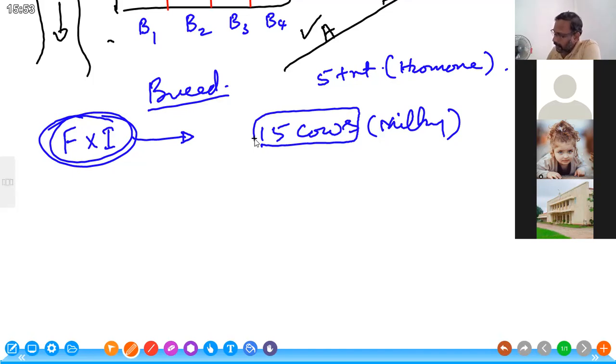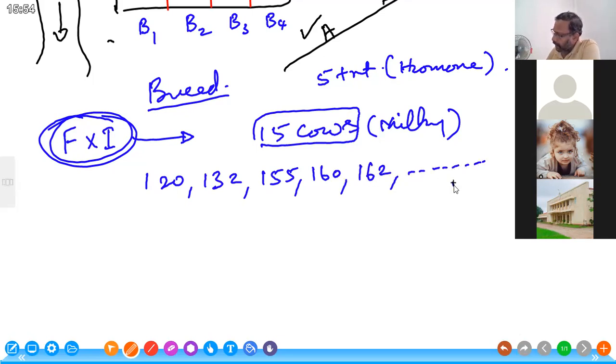We will have values, let's say one is 120 kilos, the other 132 kilos, 155 kilos, 160 kilos, 162 kilos. Likewise, all 15 cows are there. I have put them in ascending order.